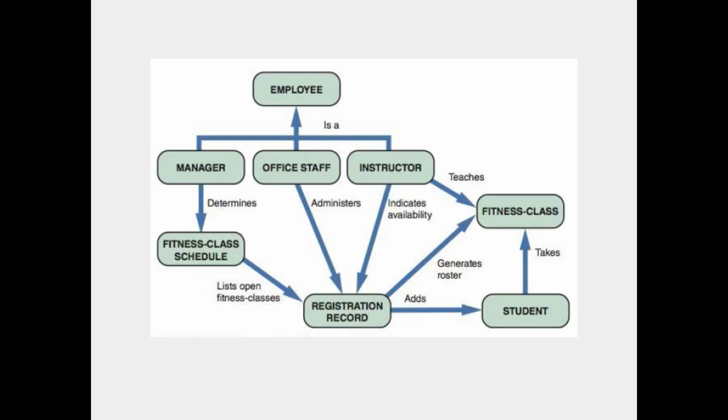You can see the first one, where we have different types of employees. So we have a superclass, subclass relationship. There are three types of employees you can see here. We have employee, and under that we have manager, office staff, and instructor. So this is the superclass and these are the subclasses. That kind of relationship, we call it an is-a relationship.